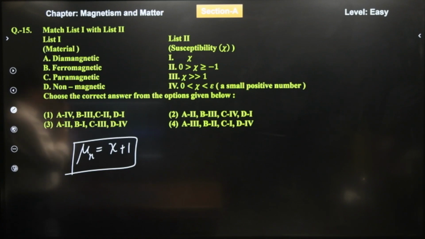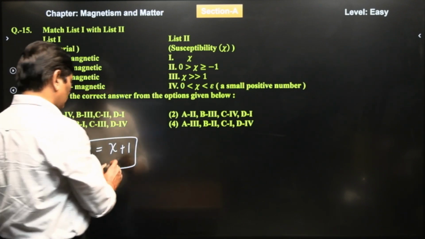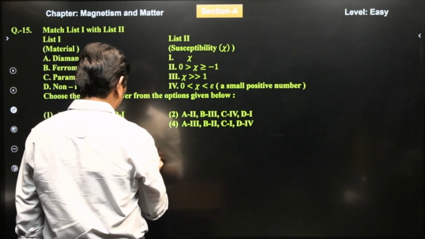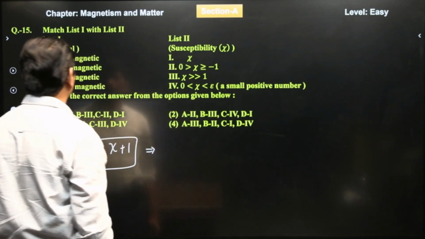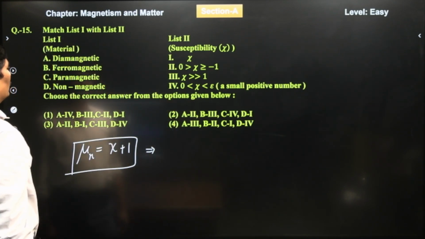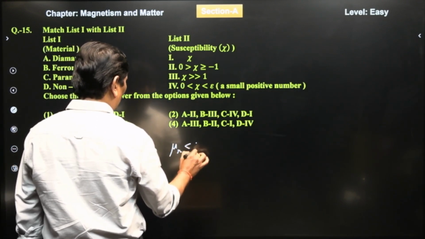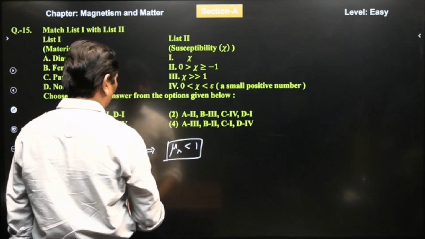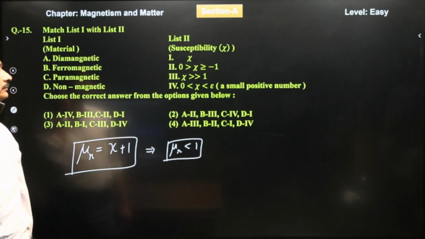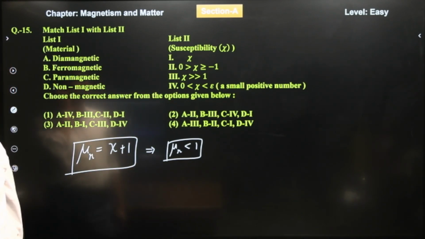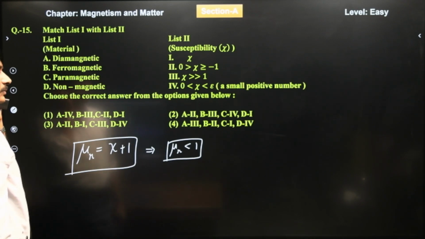Mu r is equal to xi plus 1. Now, see, for a diamagnetic material, mu r is less than 1. That means for a diamagnetic material, you will get the susceptibility negative.